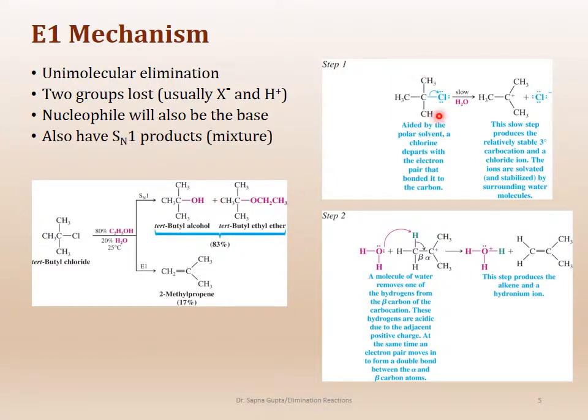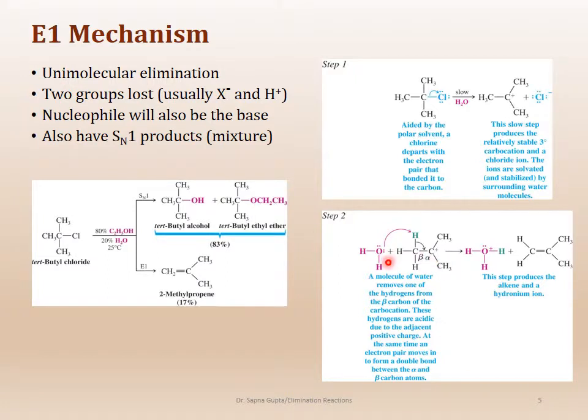Let's look at the mechanism of the reaction. Here we start with the substrate, and just as usual with SN1, the first step is where the leaving group will go away to form the carbocation. Again, the carbocation has to be stable, which means it has to be a tertiary halide to begin with. Once you have the carbocation formation, now anything can happen, meaning you can have substitution or you can have elimination.